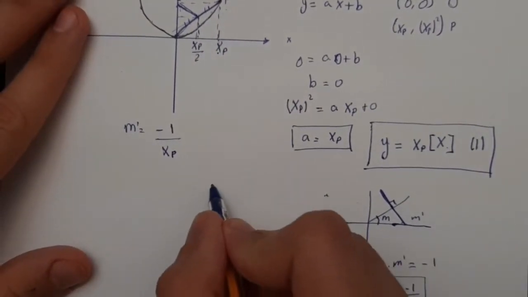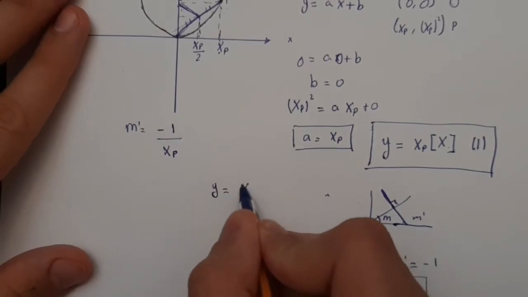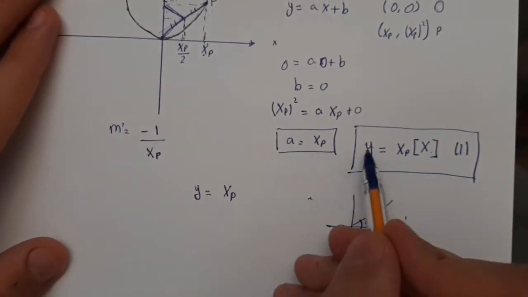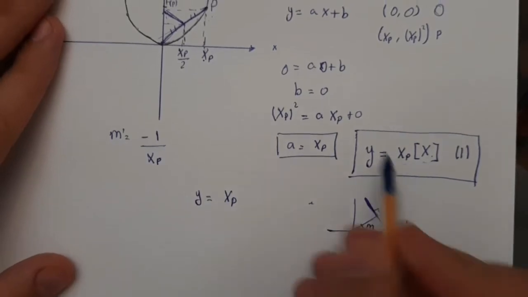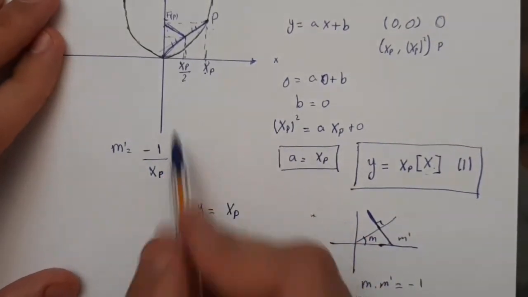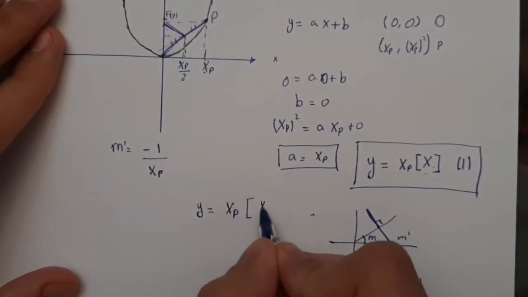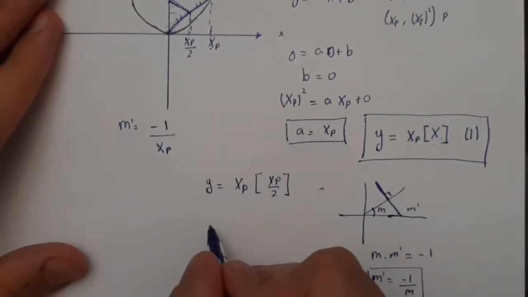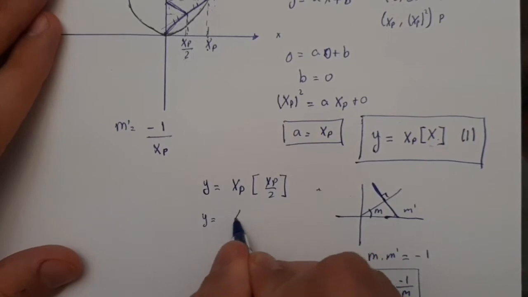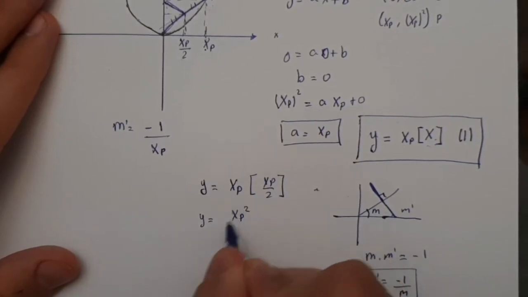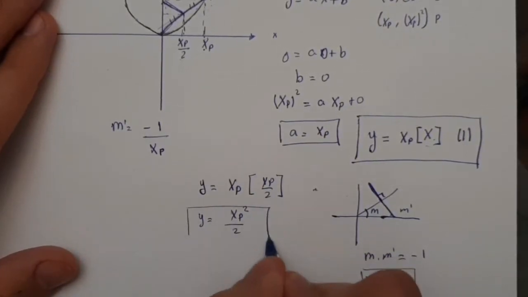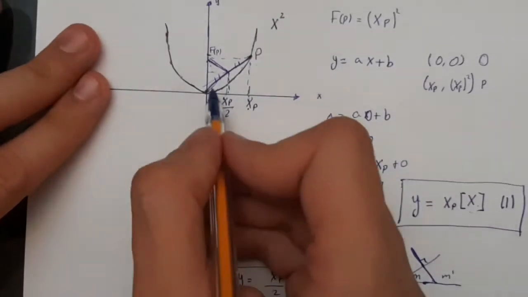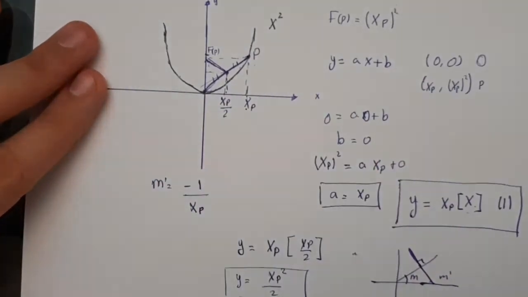Look, y is equal to xp multiplied by the x coordinate. But here our x coordinate is xp divided by 2. So our y coordinate is xp squared divided by 2. Okay, so now we have this second point over here.